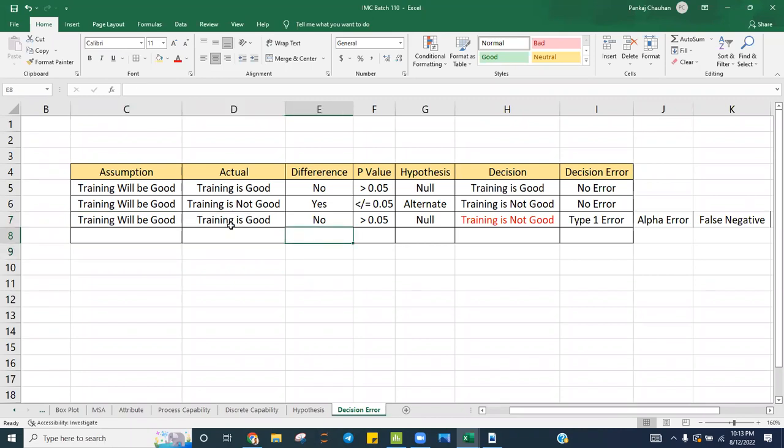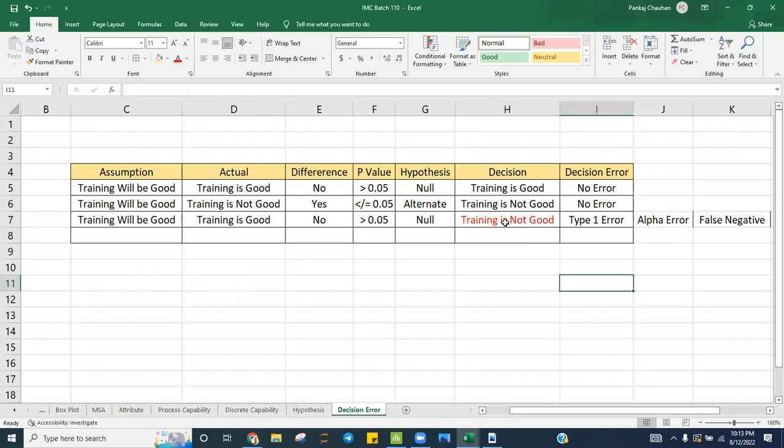But when somebody asks you how was the training, you are taking your practical decision to tell them. You are not doing any statistical analysis here, and you are telling training is not good, which means against the statistics, you are taking a different decision. That is the decision error you are making.